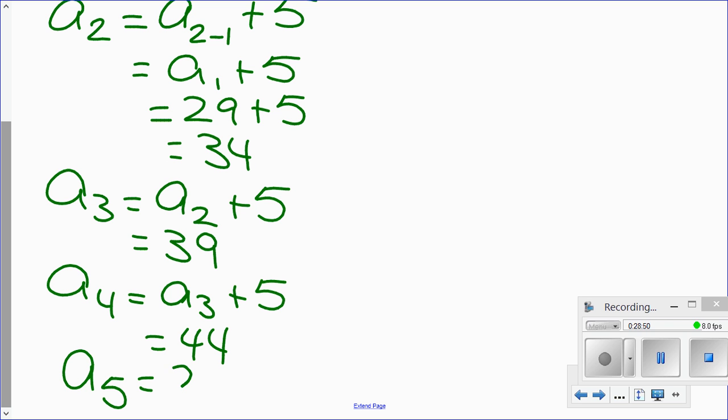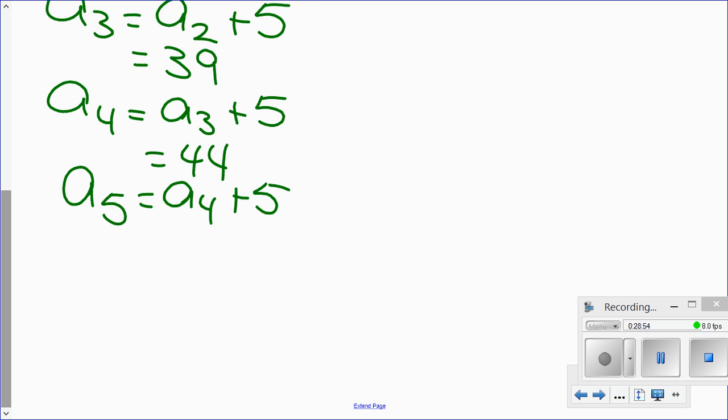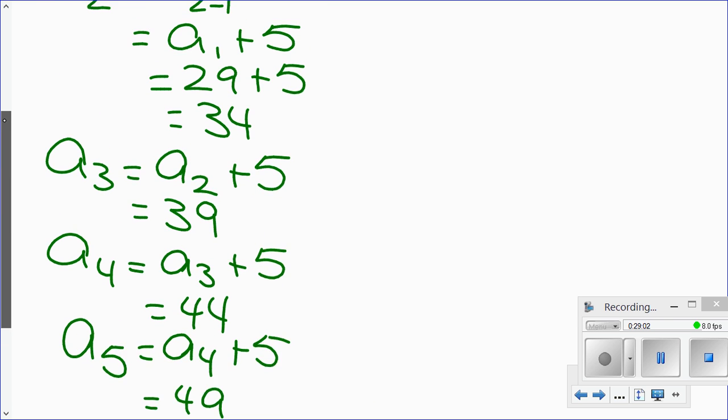And a sub 5 is a sub 4 plus 5, which is 49.